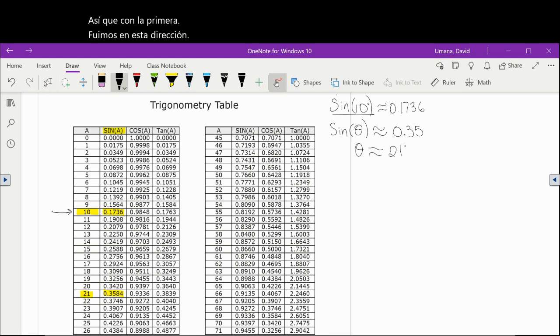We started here and we went that way. But with the second example, we started here and we went this way. So we went backwards. Does that kind of make sense?